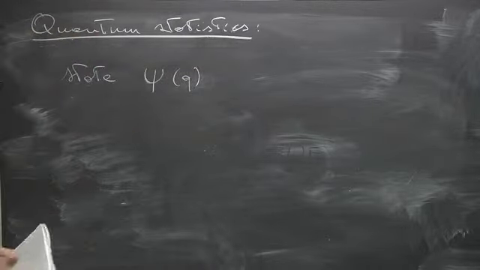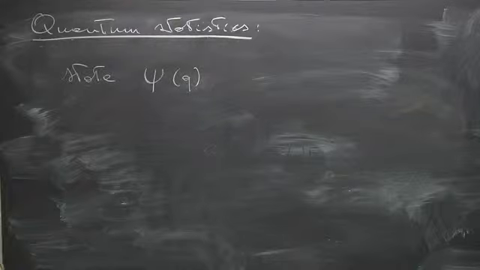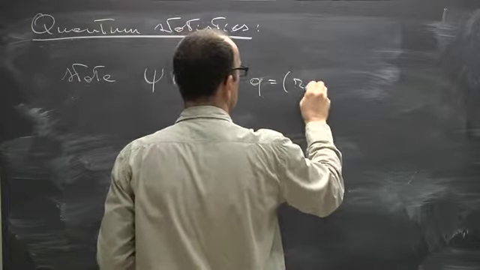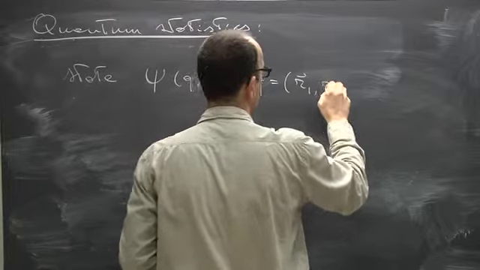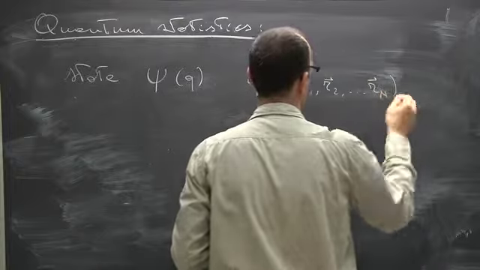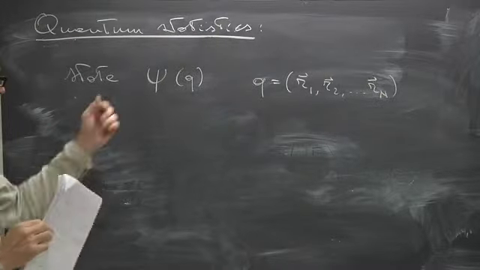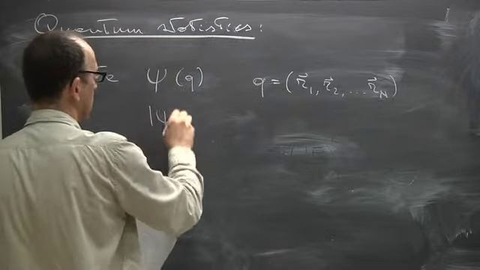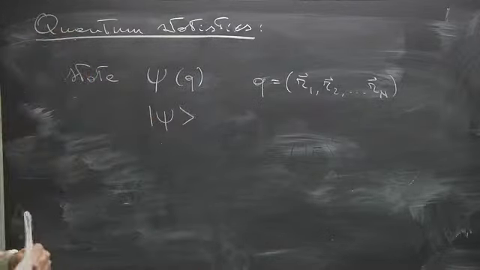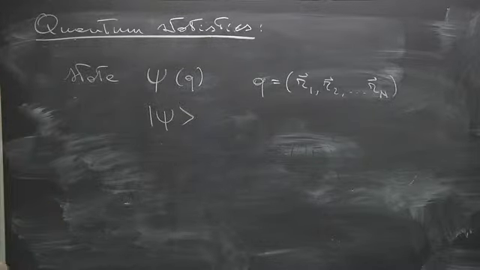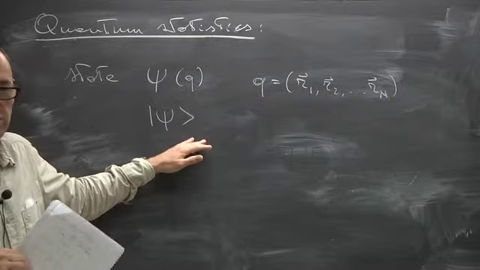This wave function can be written in the position representation, where Q is the collection of positions of all particles. But you can also generally describe it in terms of any other state, any other basis. Are you familiar with this notation?